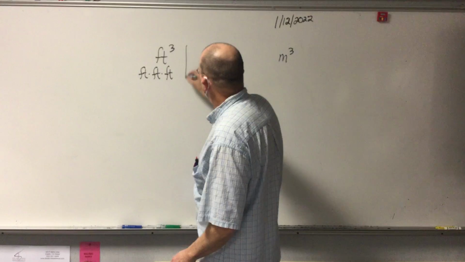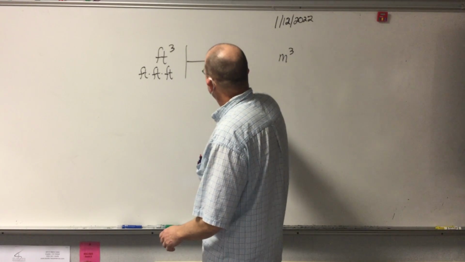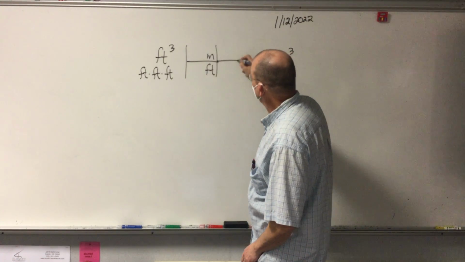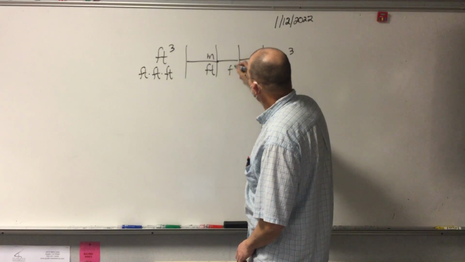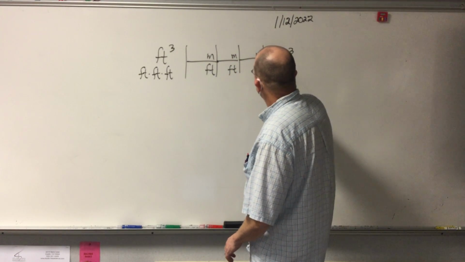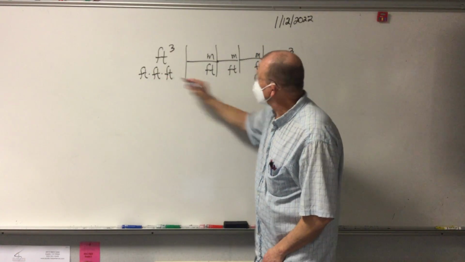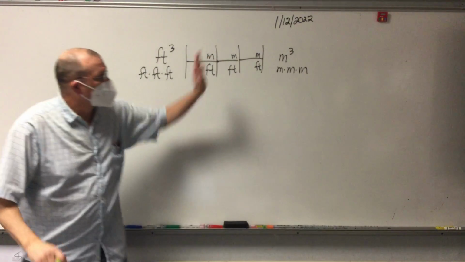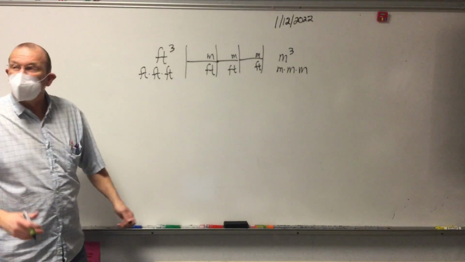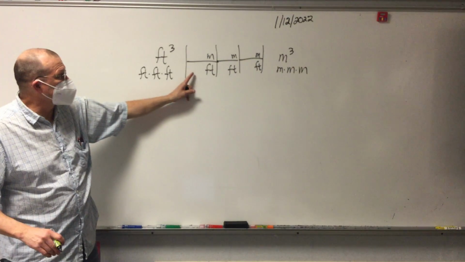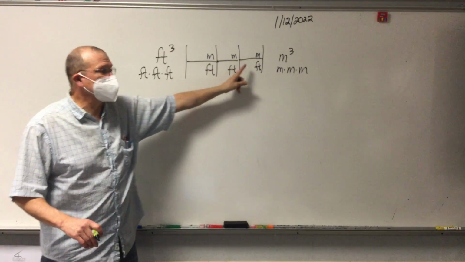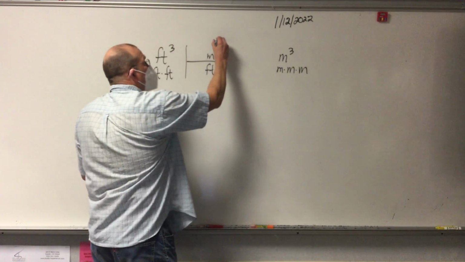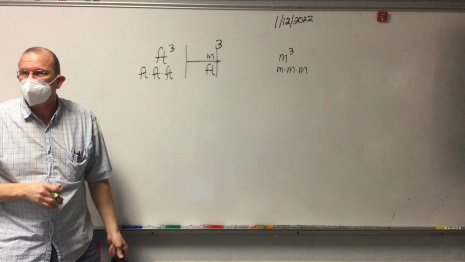So if somebody said, oh, well, I can go from feet to meter, we would literally have to do this conversion three times to convert every one of these feet to a meter on the other end. But an easier mathematical way for this to be done is, since these will be the same mathematical expressions, we can just cube that particular step.